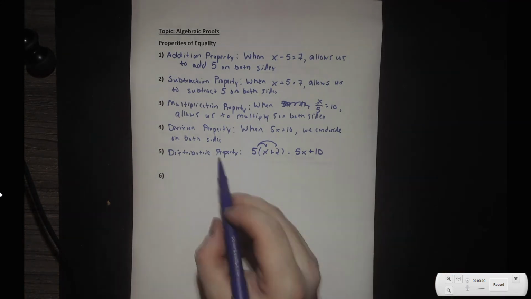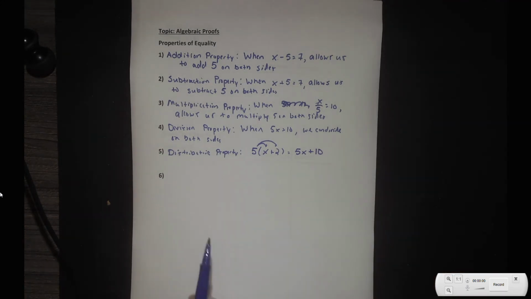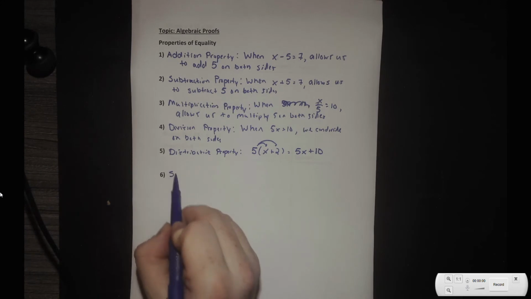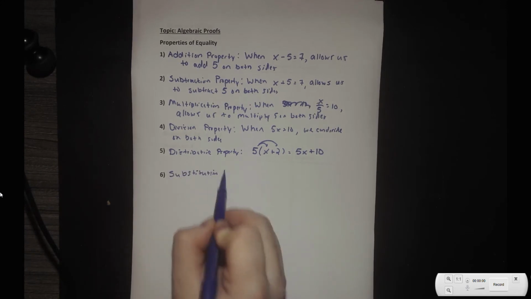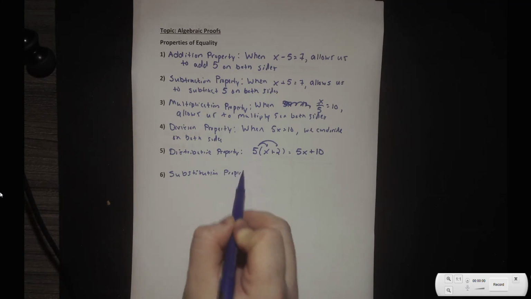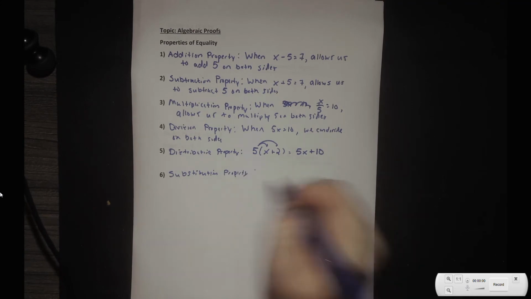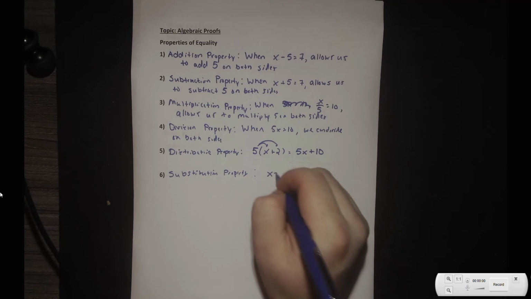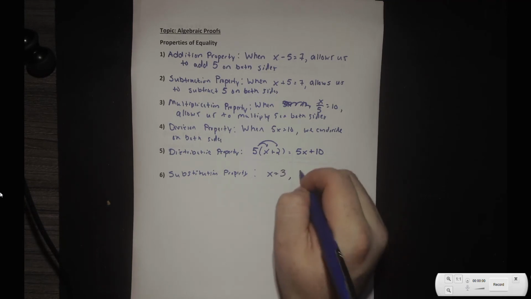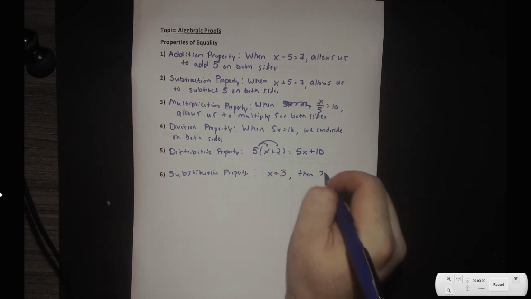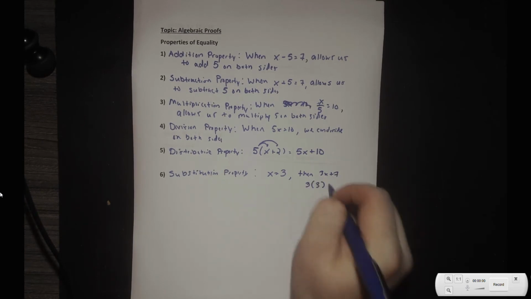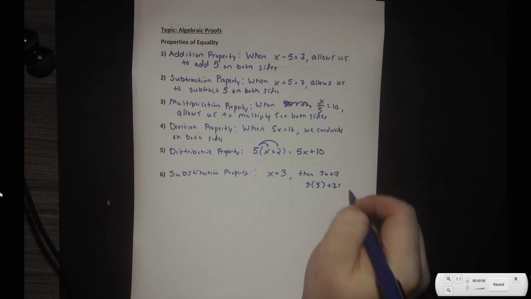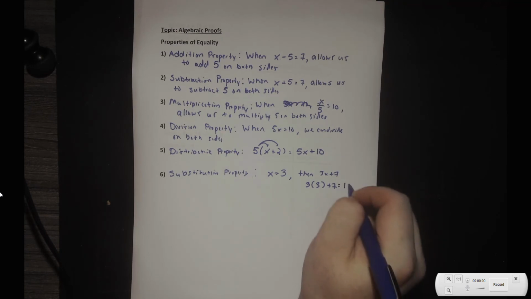That's the distributive property. And finally, the substitution property. Let's say x equals 3. Then for 3x plus 7, I can replace that x with 3 and actually get a solution. In this case, it would be 16.